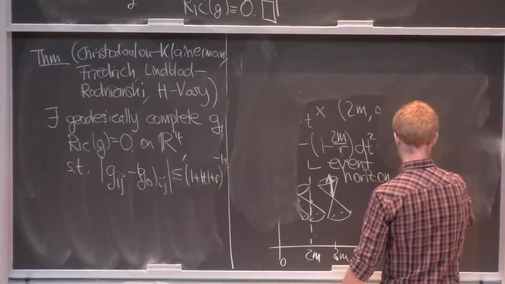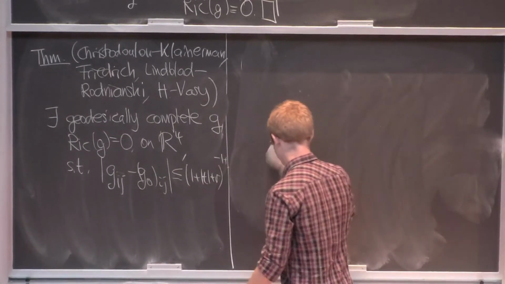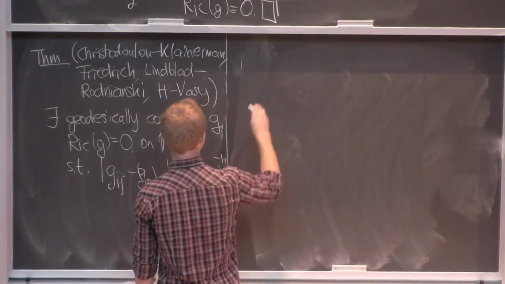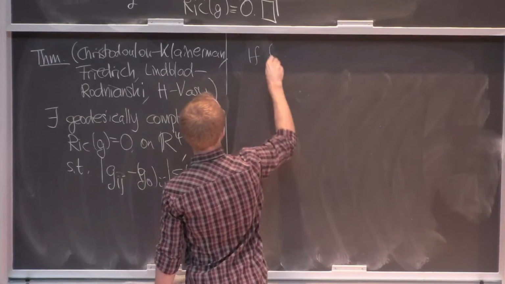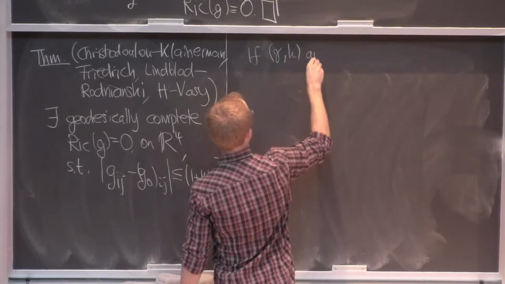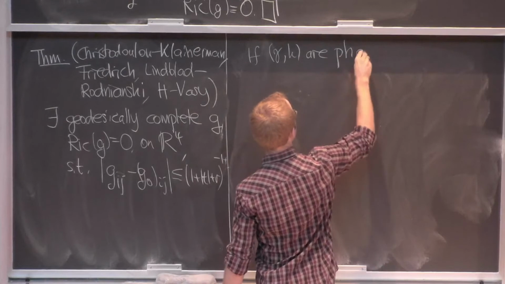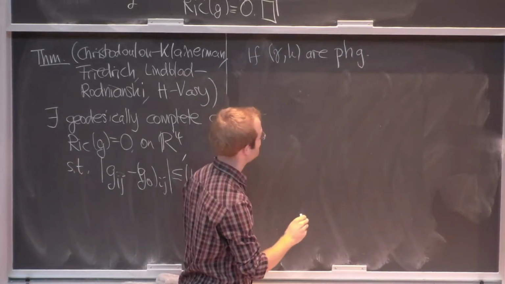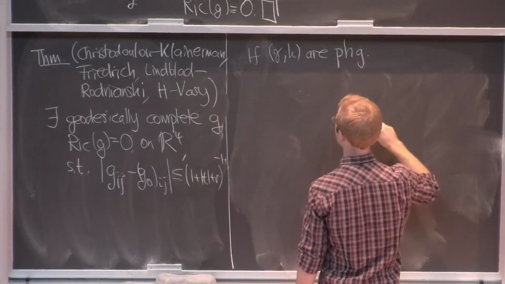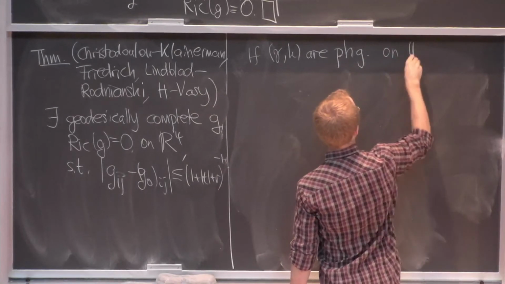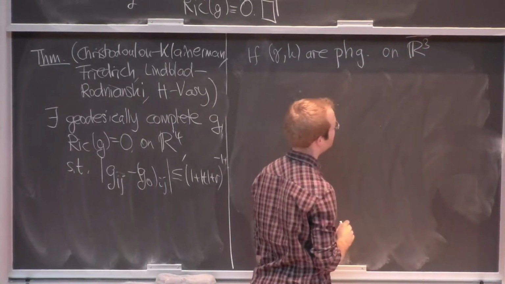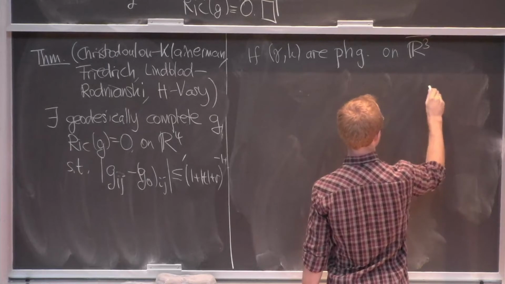And in the context of this conference, what Andras and I proved is the following. If the initial data gamma and k are in addition polyhomogeneous, so Rafe spelled it out for you, I'm just going to abbreviate it, PHG, on the compactification of R3 to a ball. Here's the compactification.